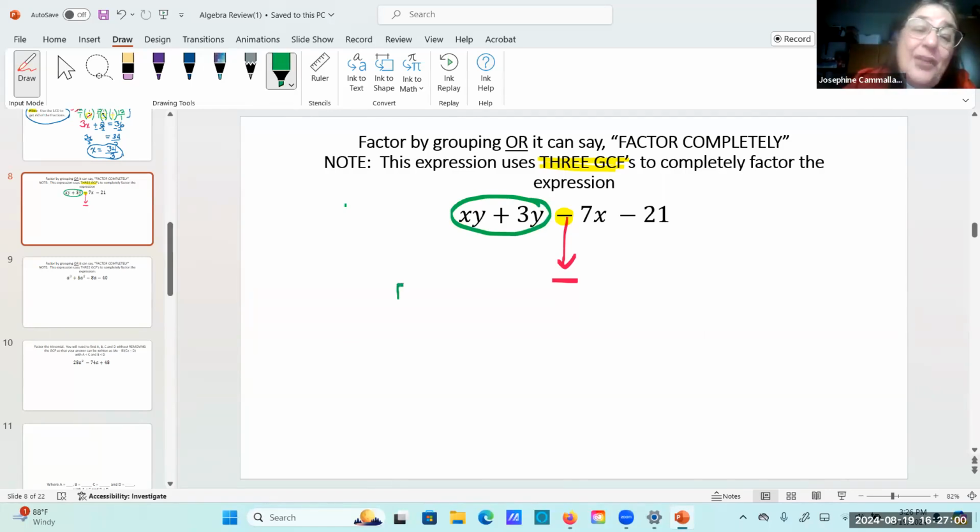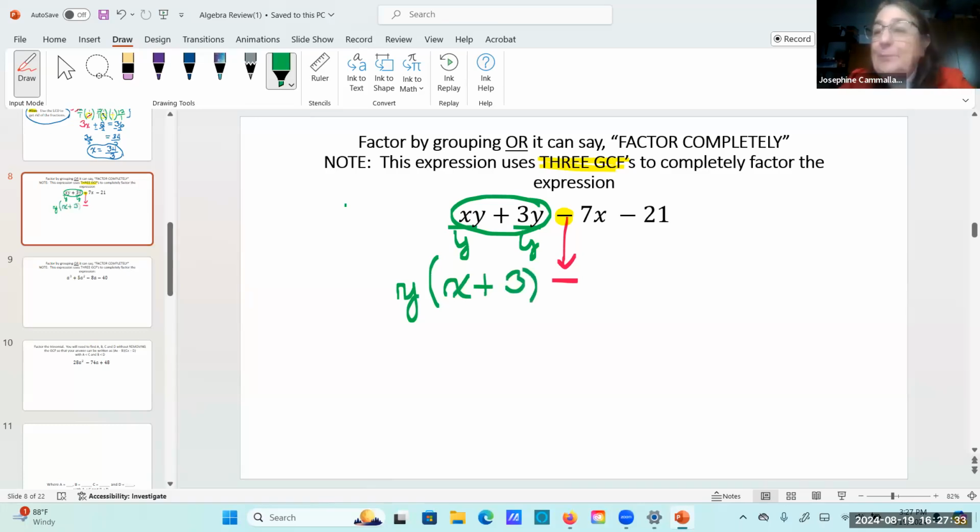It is the y. Now, some people can do this in their head. Some people like to write it down. I'm going to write it down today to help those of you who struggled. This means I'm dividing just these 2 terms by y. What it will leave me with is x plus 3 in parentheses.